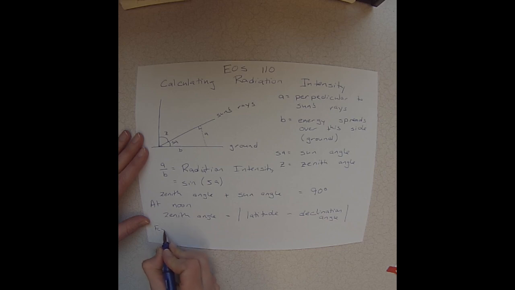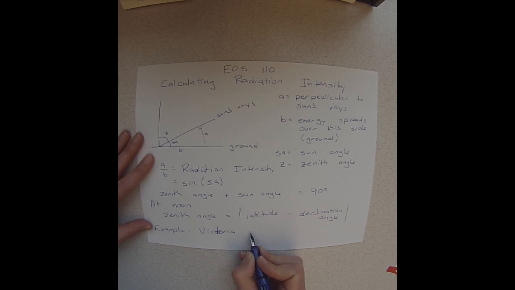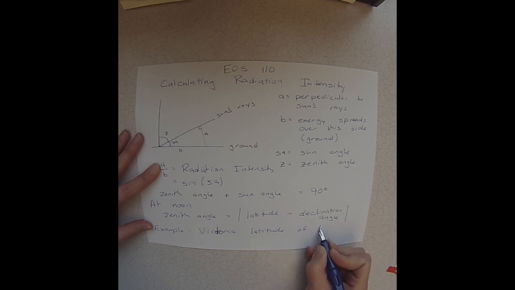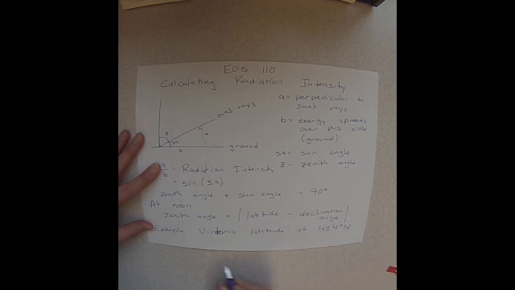So the example will be Victoria again. Victoria has a latitude of 48.4 degrees north, and we're going to do it for the December solstice.